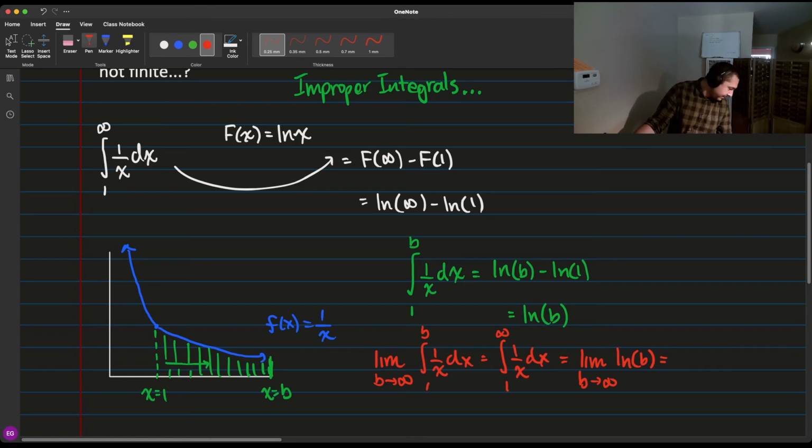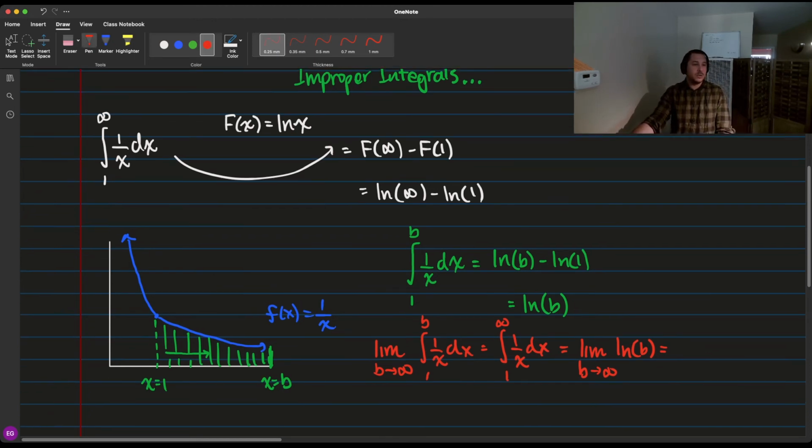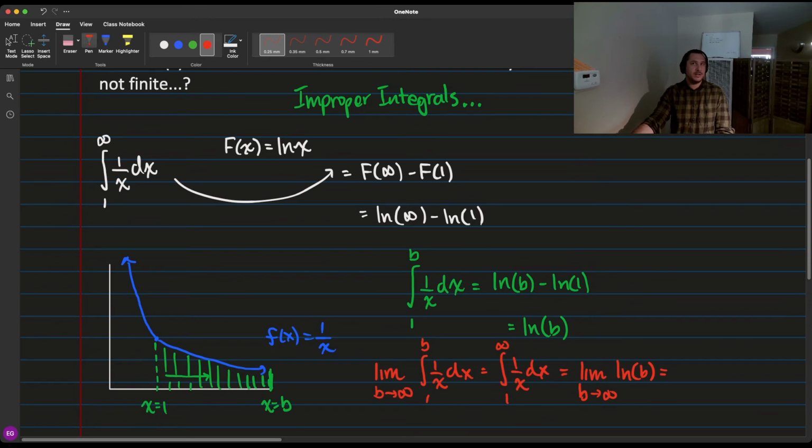Now here's the problem. If you take the limit as b goes to infinity of the natural log of b, do you get an actual answer? Does that approach some particular value? What happens to this limit?